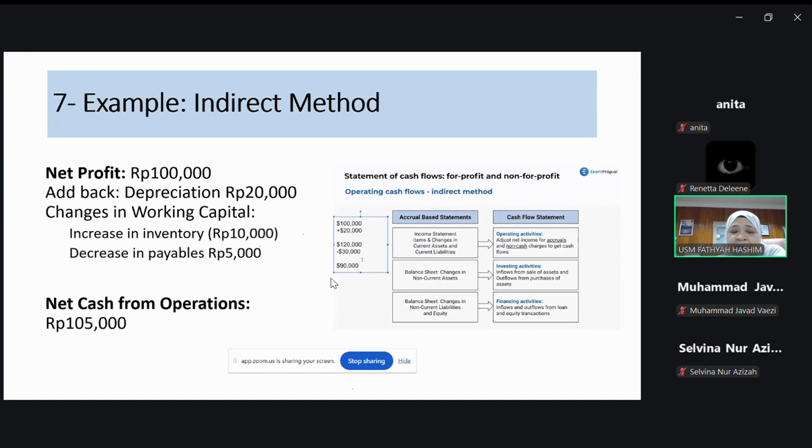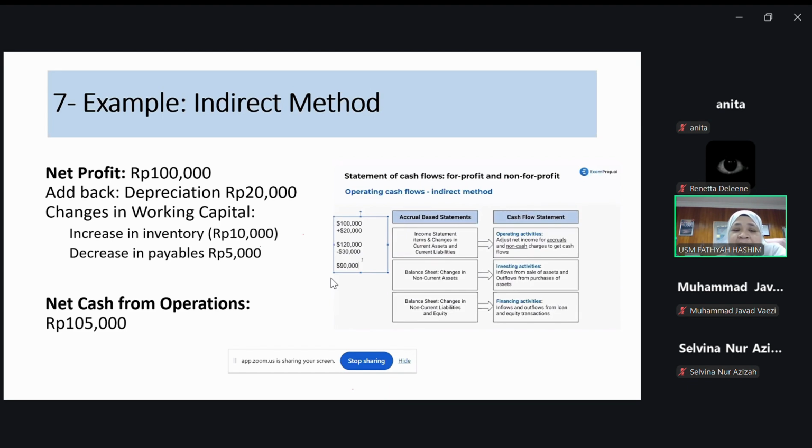For instance, for inventory, let's say the beginning balance of the year is 8,000, but the ending balance for the current year that you are preparing the cash flow statement for shows inventory of 18,000.